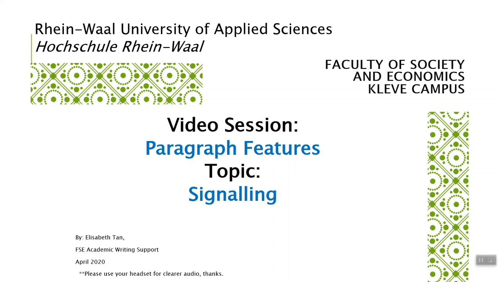If you've seen the previous video, we learned about the basic foundation of an academic writing paragraph. How do you format it? We also look at a few very important features in the paragraph structure. One is the topic sentence.